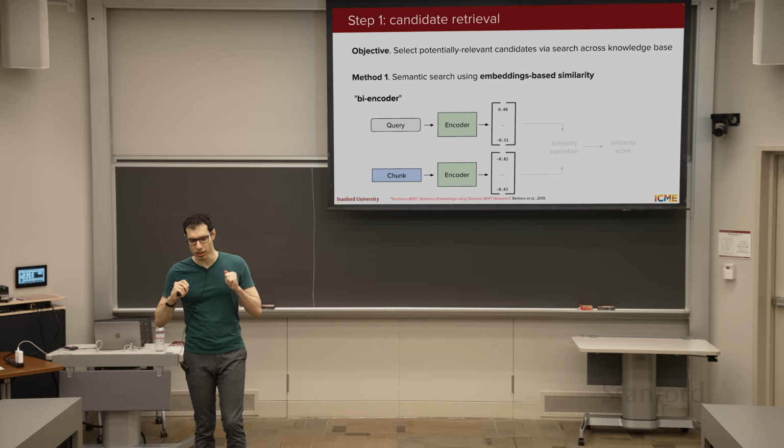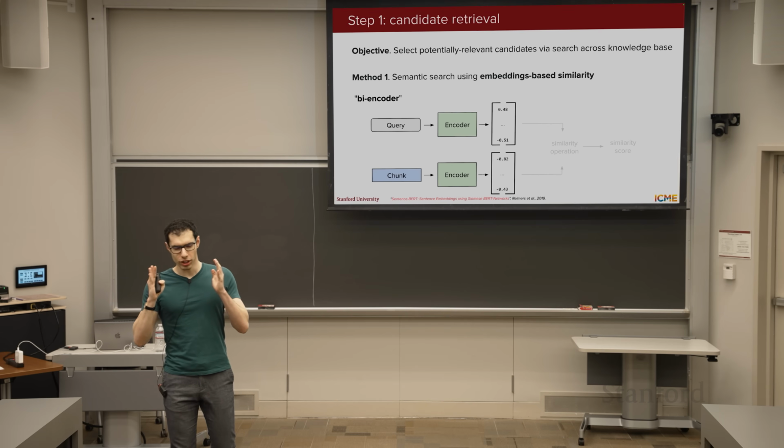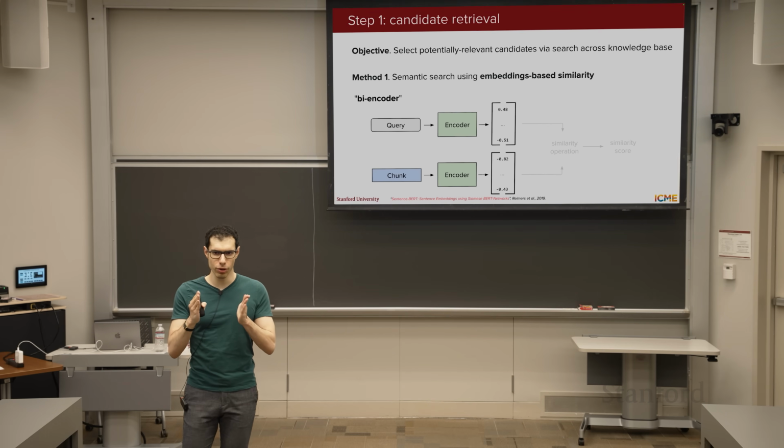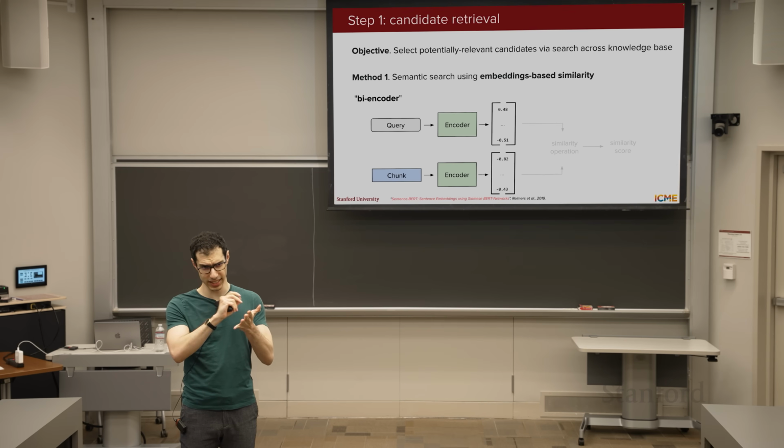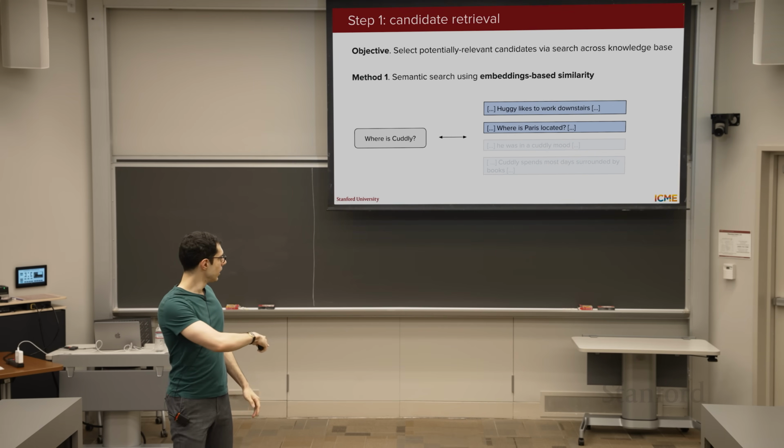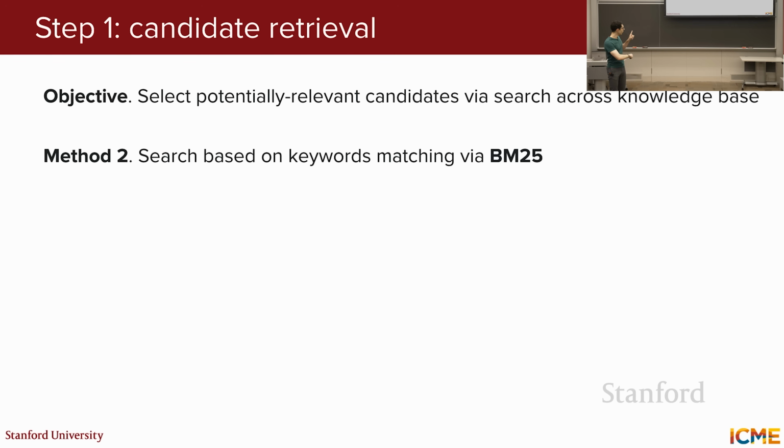Sometimes you want to ensure that what you're searching for exactly contains the keywords that are in your prompt. In that case, you would want to have a second way of doing things. So you may have seen BM25 out there. BM25 is a relevance score that is actually a heuristic score.